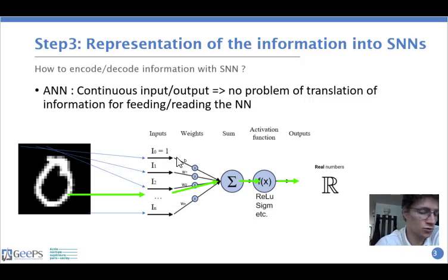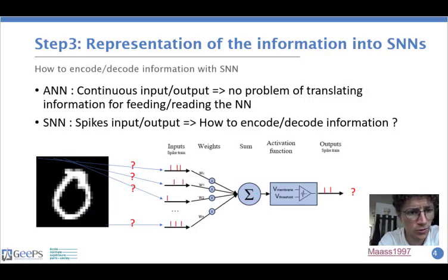Most of the time we use filters like convolutional filters or mathematical processes like normalization. But you can feed it into the neural networks directly, because they have the same quantities, so real continuous numbers. But this is not the case for spiking neural networks.